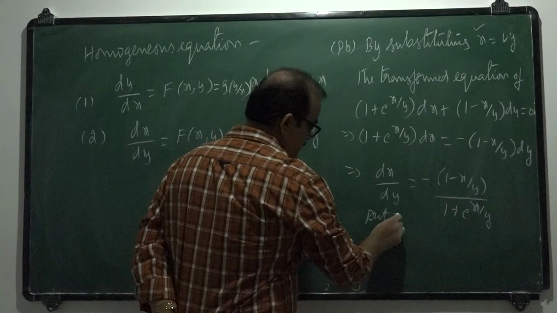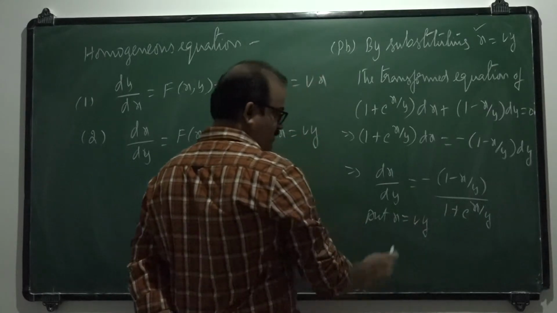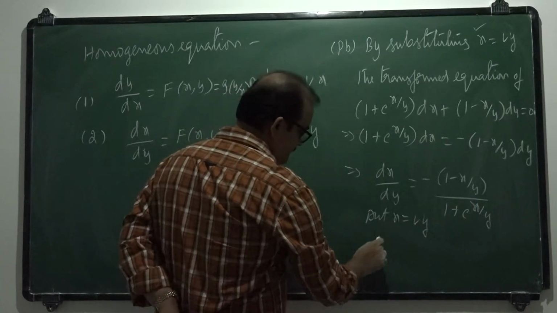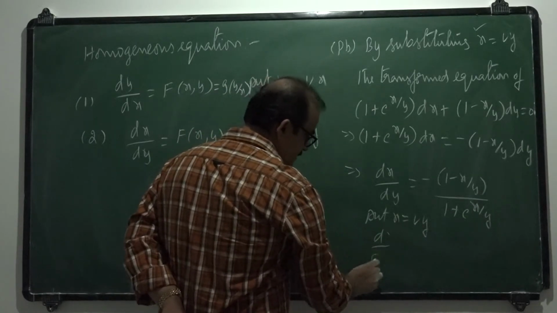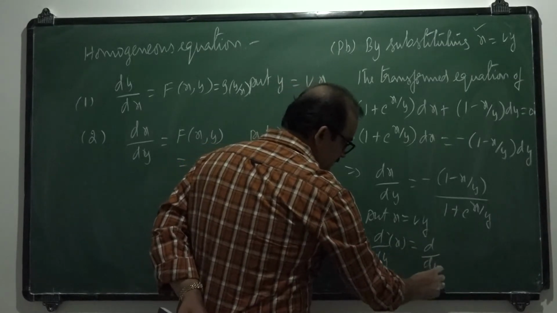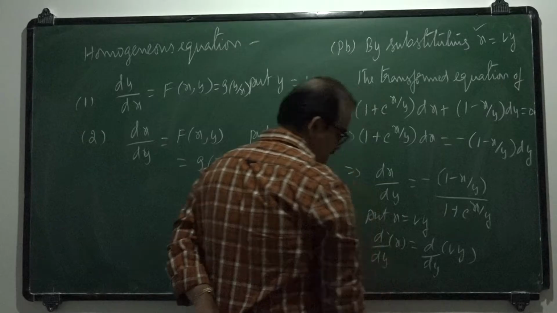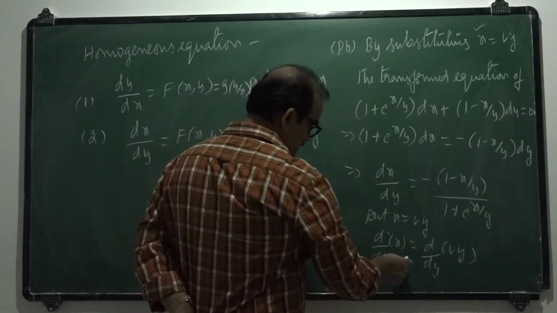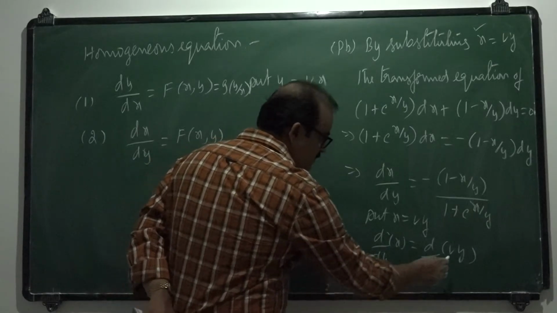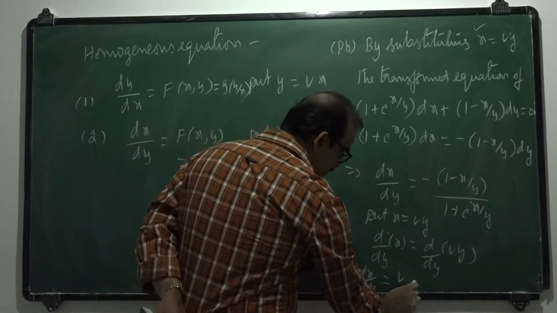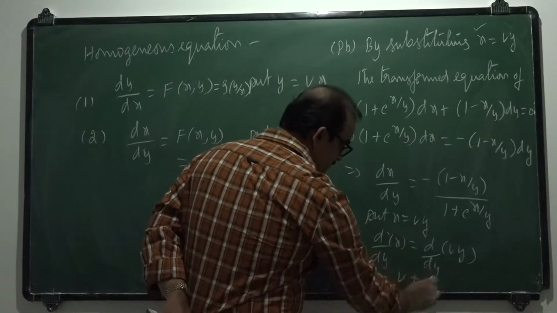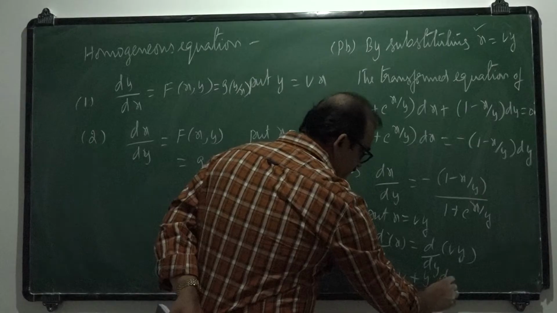Put x is equal to v into y, differentiating both sides with respect to y: d by dy of x is equal to d by dy of v into y. LHS is dx by dy, is equal to, applying the u into v formula, v into derivative of y with respect to y, which is 1, plus y into dv by dy.